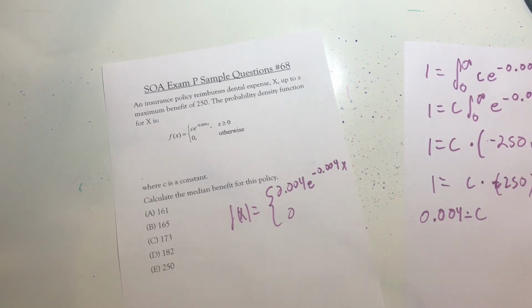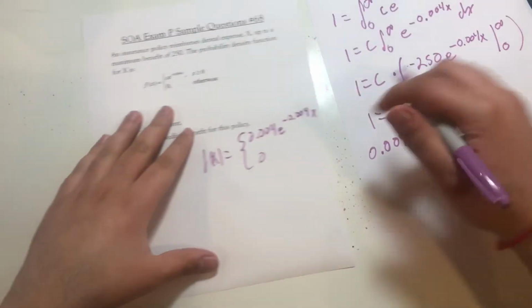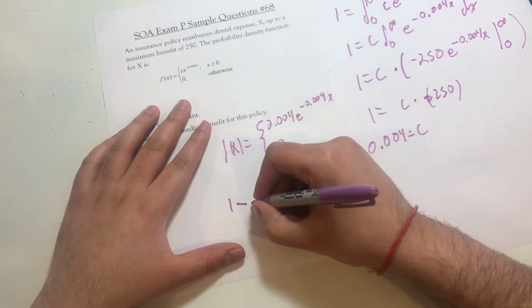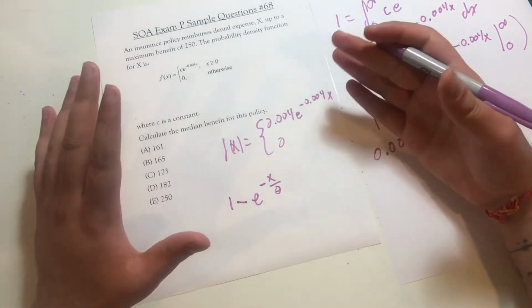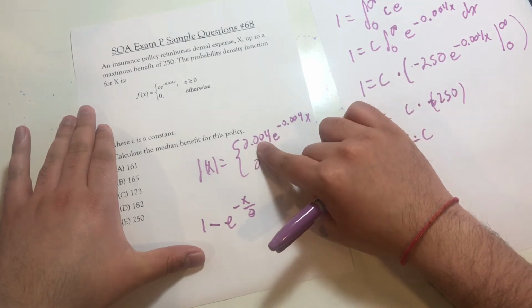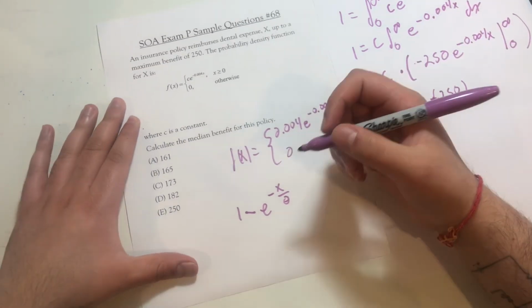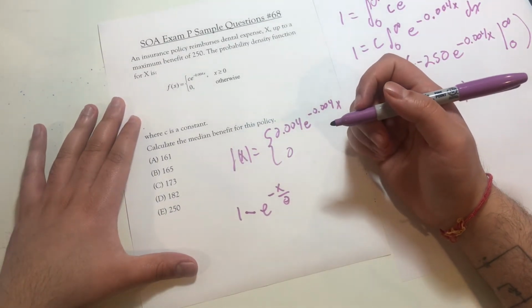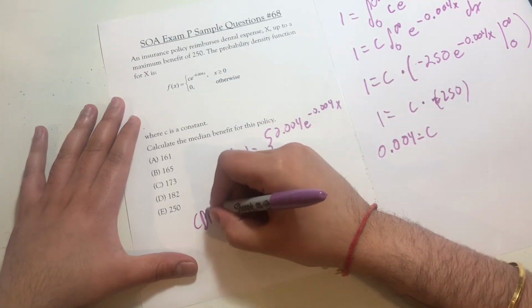The exponential distribution is really nice because we have a clean formula for the CDF: 1 minus e to the negative x over theta, where theta is your expected value. In this case, the coefficient up here is equal to 1 over theta, so theta would be 200, right? And that's equal to your CDF.